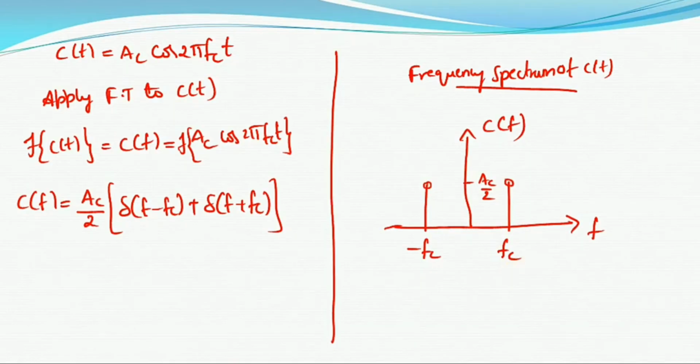Okay, let us see how to draw the frequency spectrum of an AM signal. To draw it, we have to find the AM signal equation in terms of frequency. We know the time domain expression of the AM signal: s(t) = c(t) into 1 plus Ka m(t).